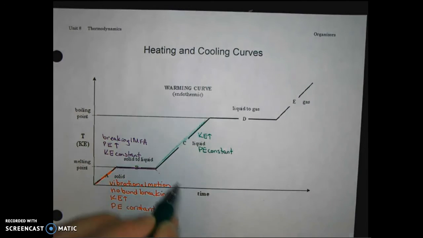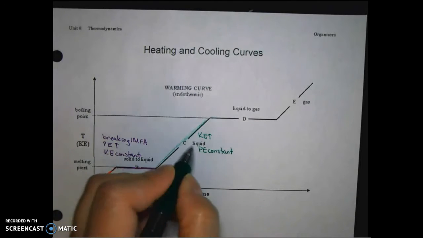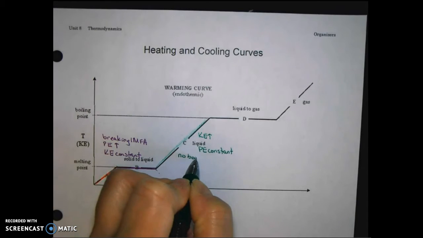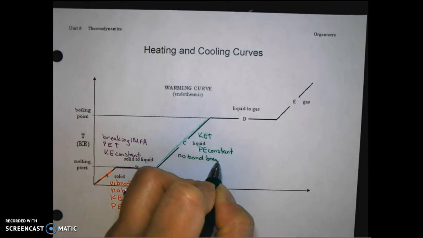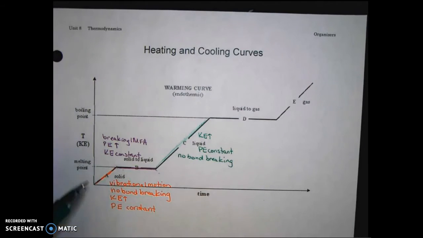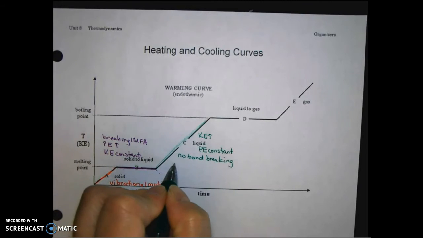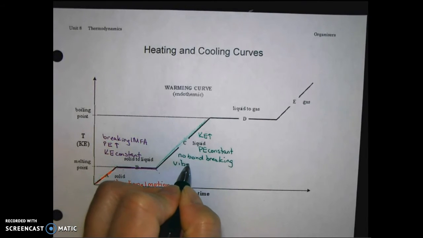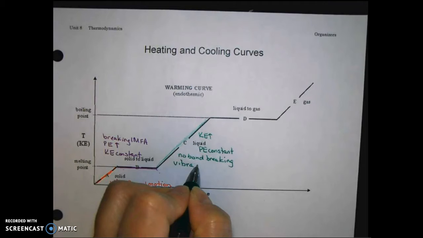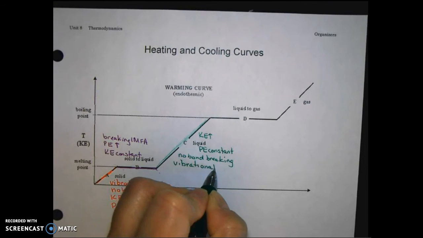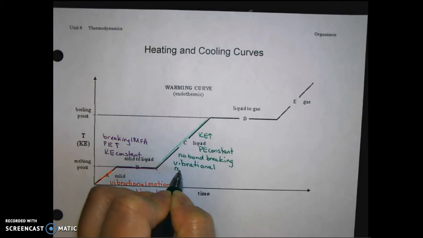So what's happening? No bond breaking, but we are increasing motion. So now not only do we have vibrational motion, because we've broken some IMFAs, we also have rotational motion.